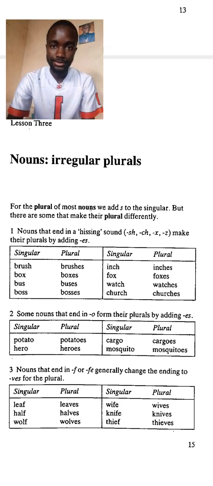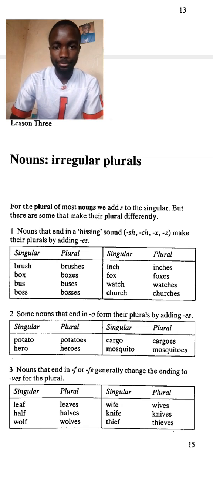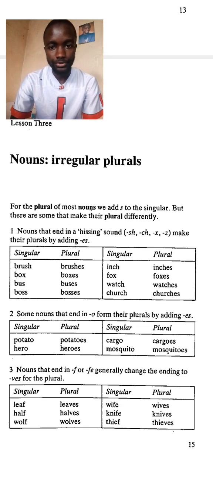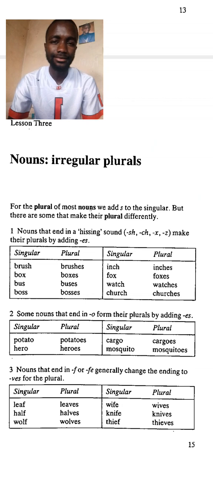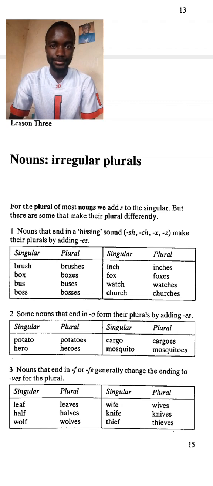Now let's look at some illustrative examples. Singular, plural, and we can see there on the other side of the table singular and plural. So brush, brush ends in a hissing sound. Brush, you can hear that brush. It ends in sh.